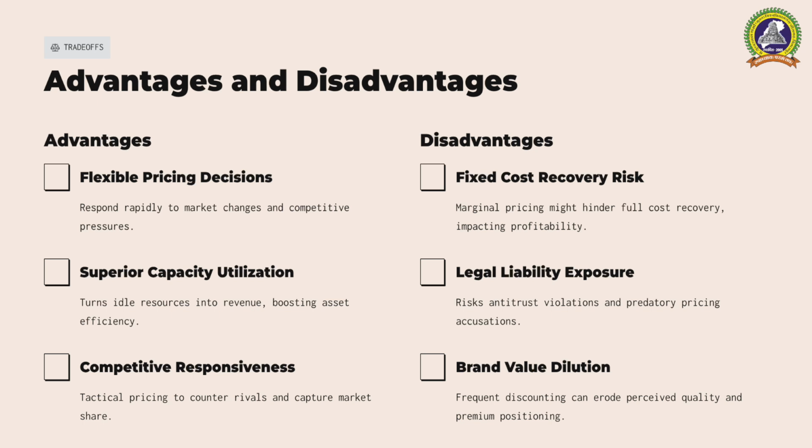Pricing persistently low to drive competitors out of business can be classified as predatory pricing, which is illegal in many cases. Finally, there is the issue of customer expectation. If you sell a premium product at a marginal price today, customers may refuse to pay the full price tomorrow. You risk devaluing your brand.